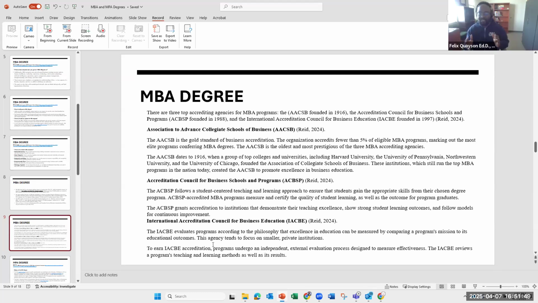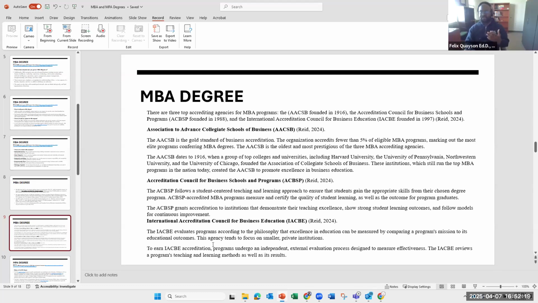ACBSP accredited MBA programs really measure and certify the quality of student learning as well as the outcome for graduate programs. Also, this particular accreditation grants accreditation to institutions that demonstrate their teaching excellence, showing strong learning outcomes, and follow models for continuous improvement.